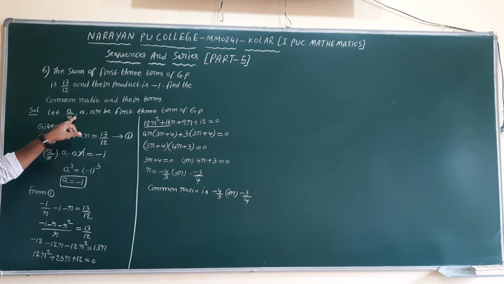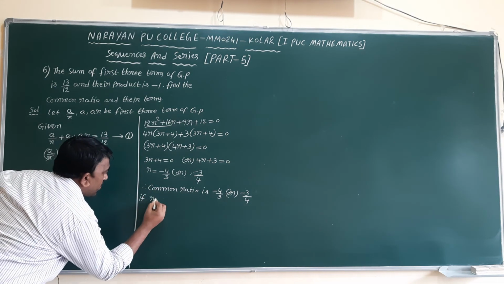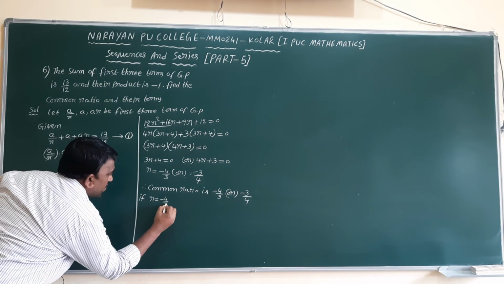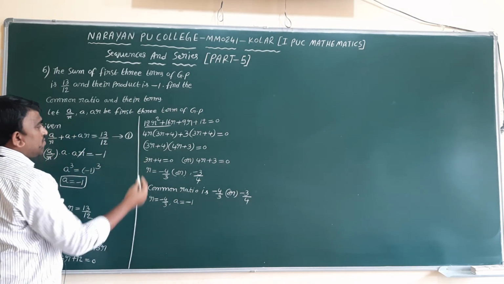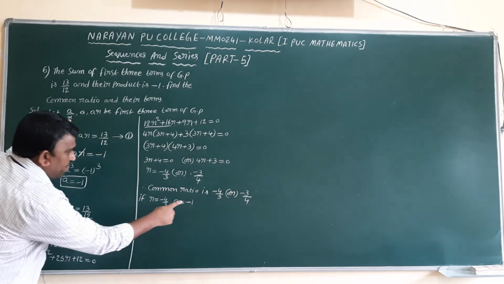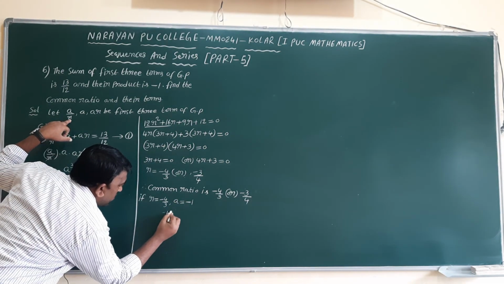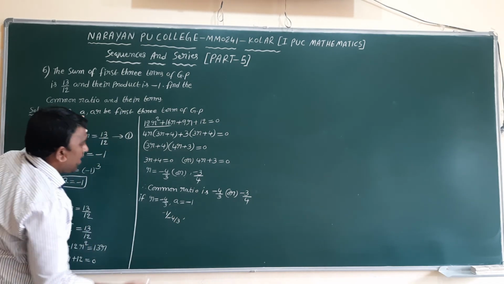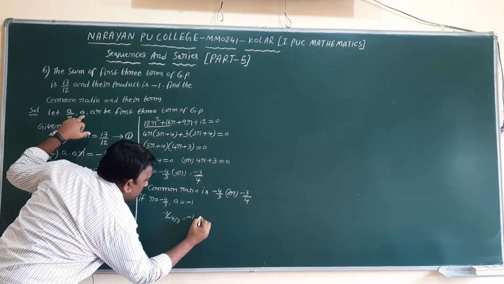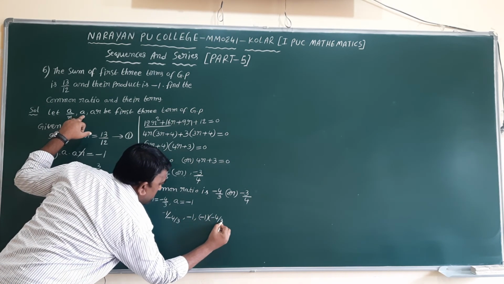Terms means A by R, A, AR. What is the values? If R value is minus 4 by 3, A value is minus 1. Terms substitute here, A by R, minus 1 divided by minus 4 by 3, comma, A is minus 1, AR minus 1 into minus 4 by 3.